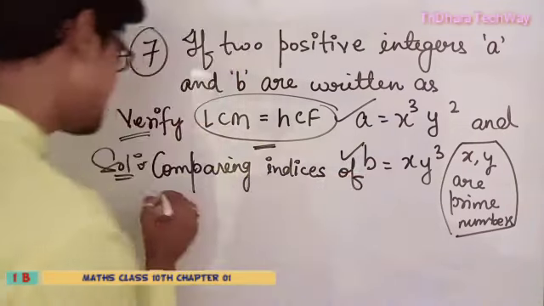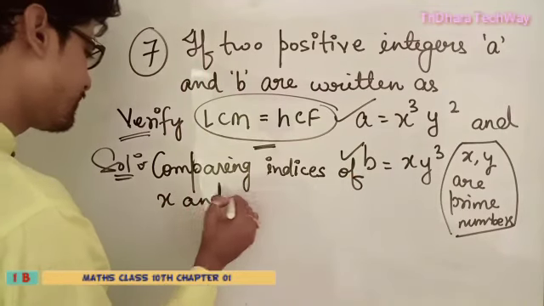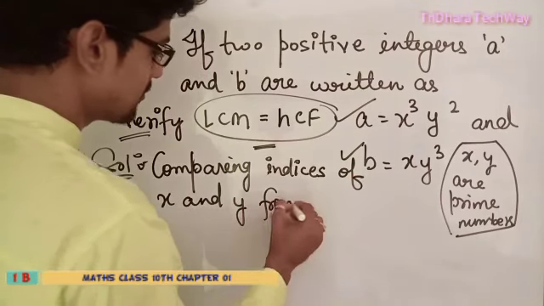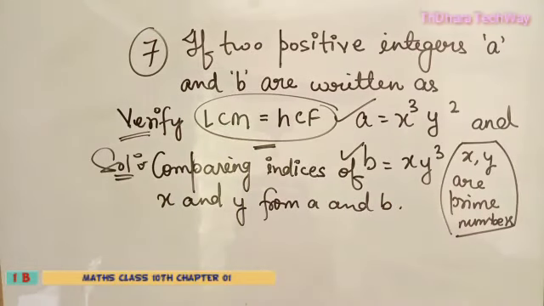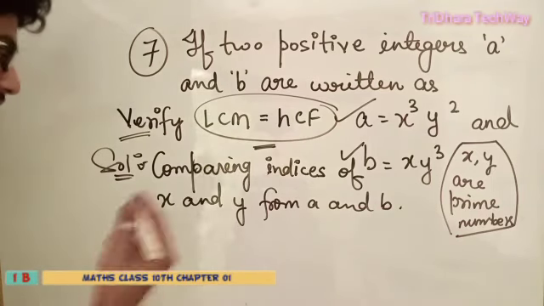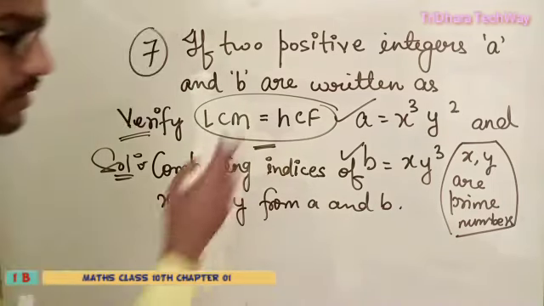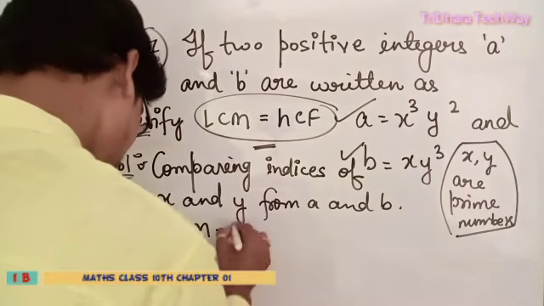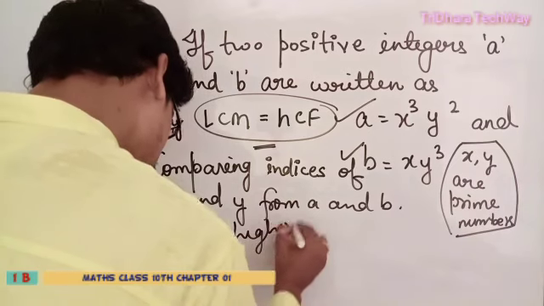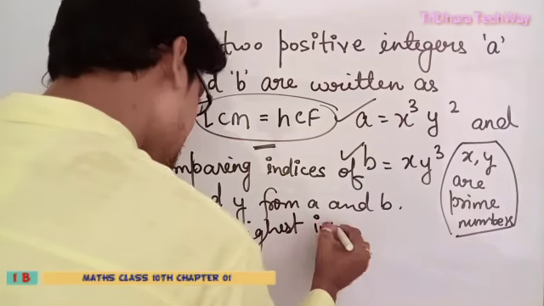Comparing indices of x and y from a and b. First of all, you have to compare the indices of x and y. Then HCF means lowest indices value and LCM means highest indices value.